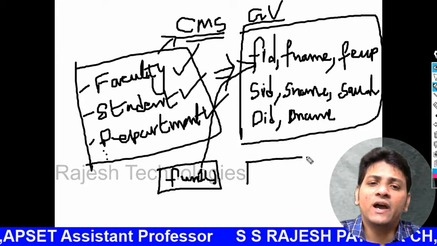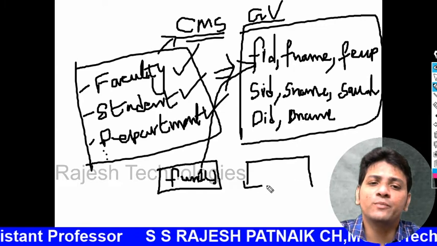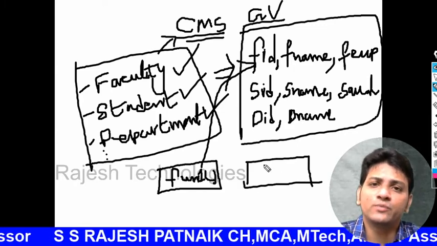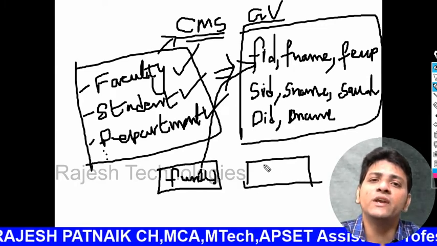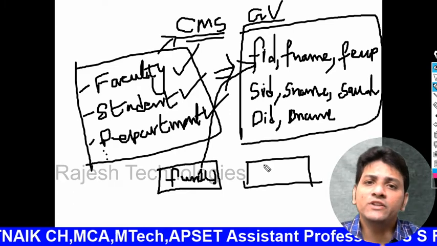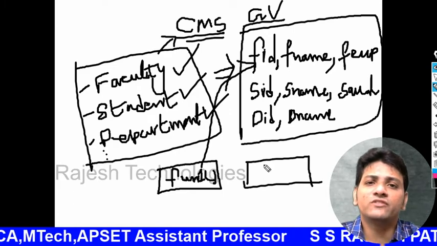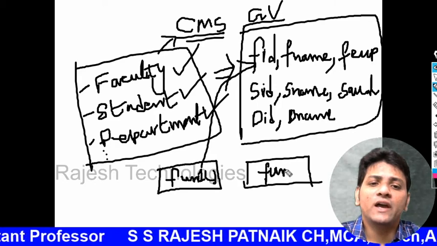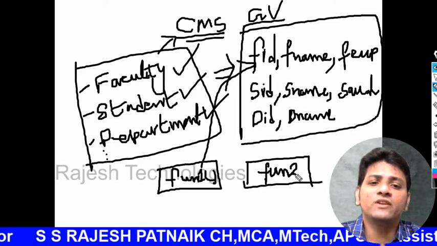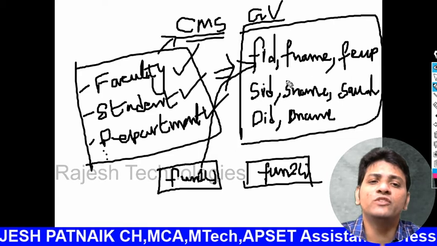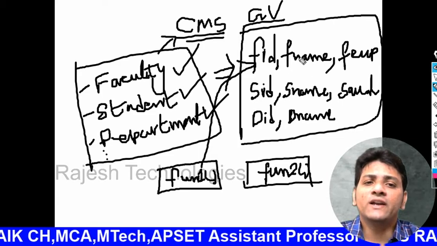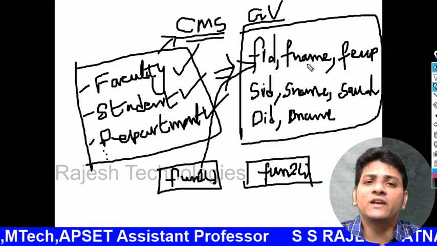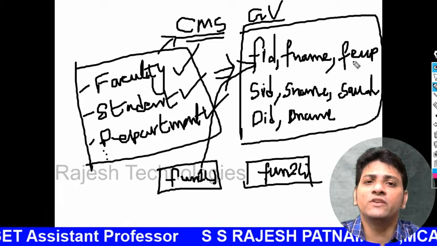Now I have another function, because in the procedure oriented programming approach, we need to write everything as functions or procedures. So I have function 2. Let us say function 2 is used to display the details of faculty ID, faculty name, faculty experience.